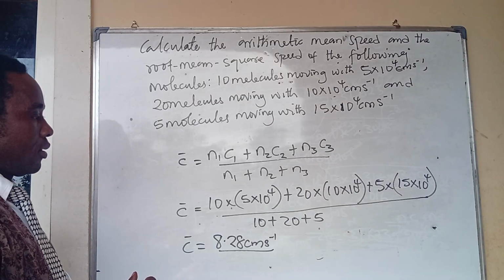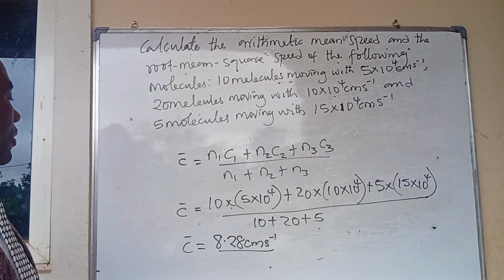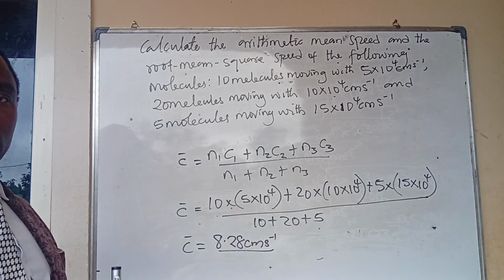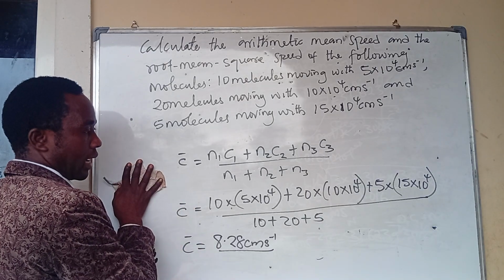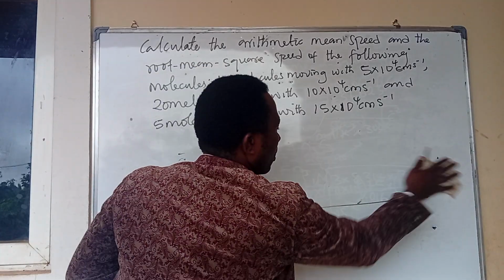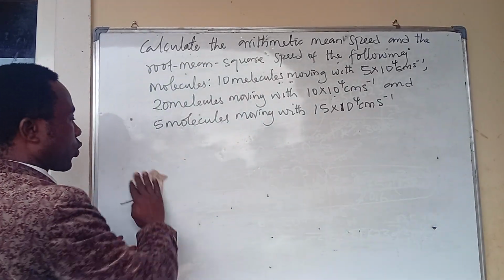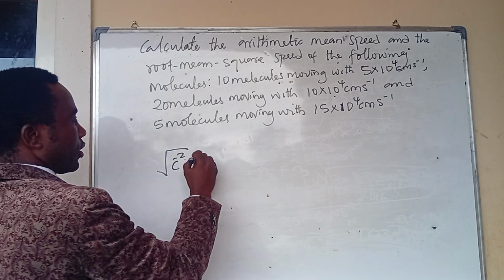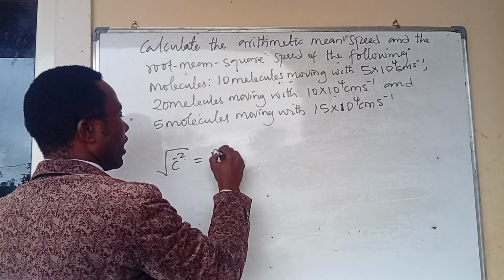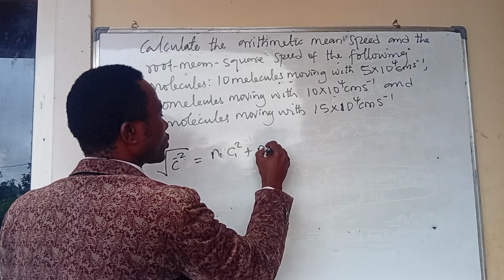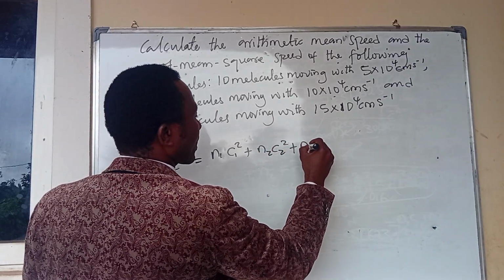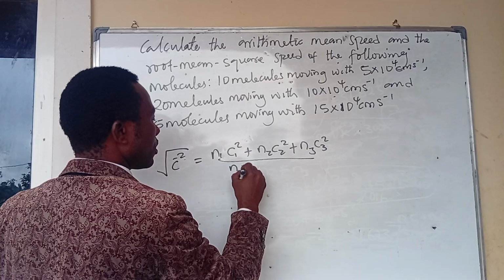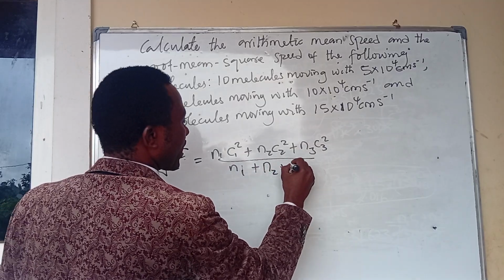Then we can equally get the root mean square speed of these molecules. The root mean square speed, root of the square speed, is given to be N1 C1 square plus N2 C2 square plus N3 C3 square over N1 plus N2 plus N3.